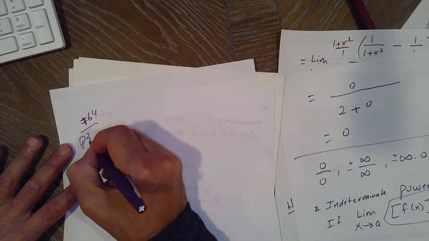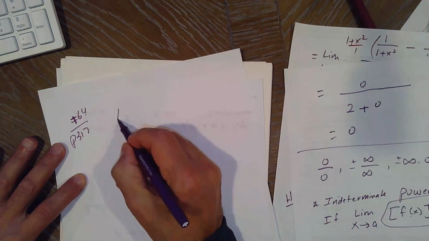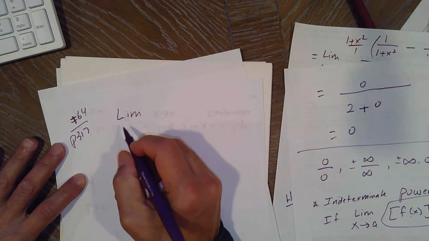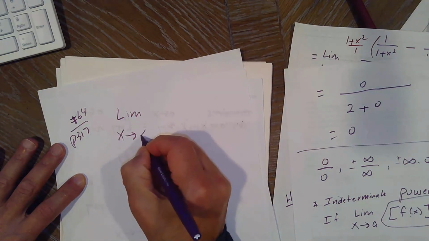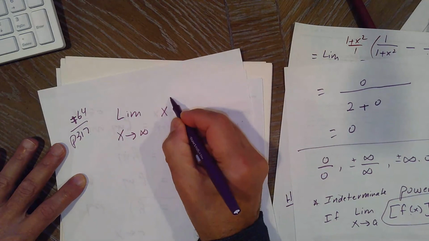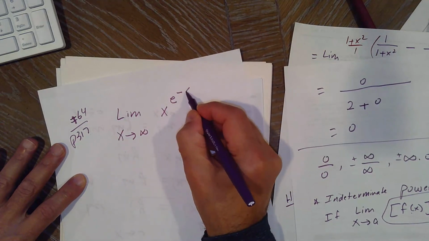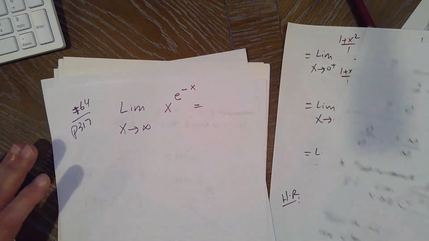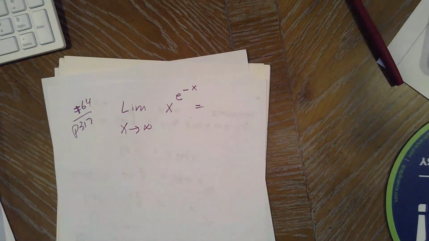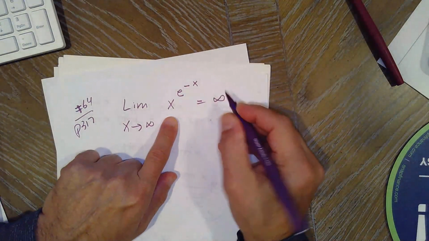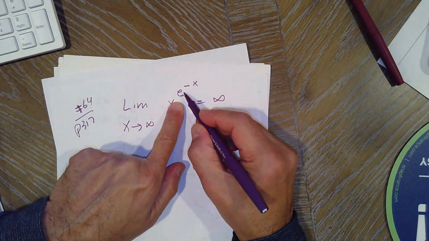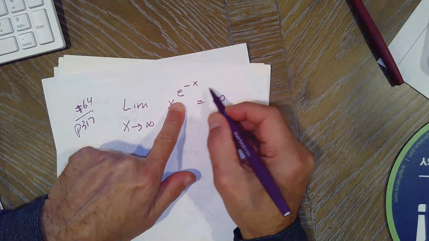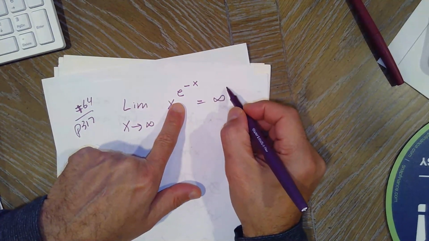Page 317, number 64. The limit as x goes to infinity of x to the power e to the negative x. So if we do the math here, we get infinity, and then e to the negative infinity is 1 over e to the infinity, which is 0.